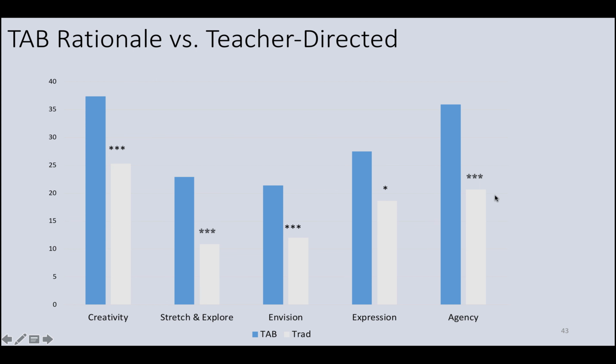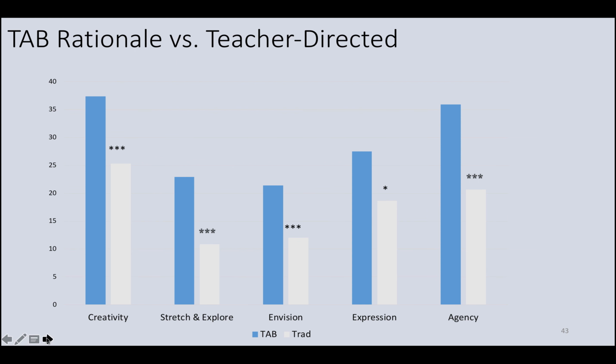Then these 4 get 3 asterisks. And that means that it's significant at the p less than 0.01 level. So that's even more significant, super significant. And that's creativity, stretch and explore, and envisioning and agency. So we're really seeing these things as apparent in TAB students more than we are in students who are in non-TAB classrooms.